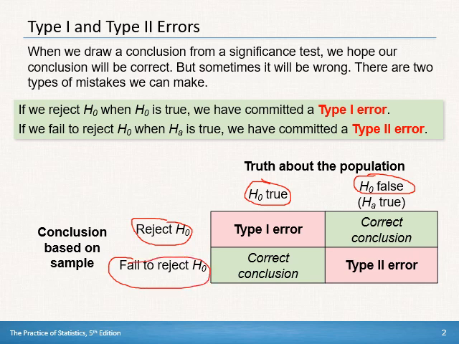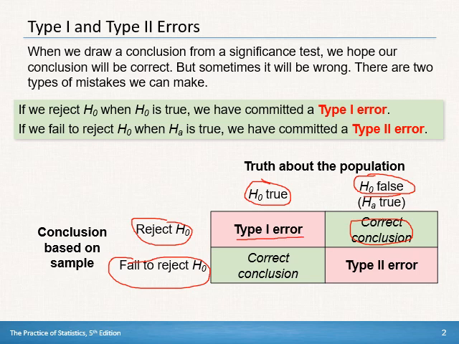And so the correct conclusion up here is if the null hypothesis is false, we hope that the sample will indicate to us that we should reject the null hypothesis, and we've done the correct thing. However, if the sample indicates that we should not reject the null hypothesis, then we've committed a type 1 error.